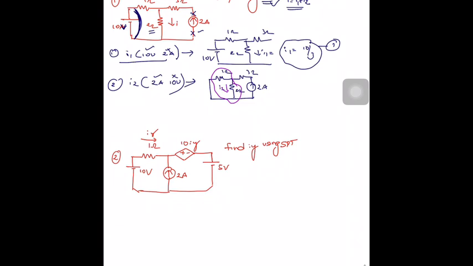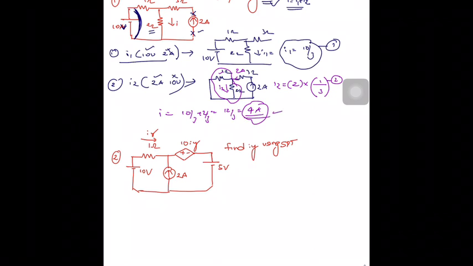If you combine these 2 resistances, then the 2 ohms will be gone and replaced by 2 by 3. So don't combine these two. Using the current division rule, the current flowing in the 2 ohms is I2, equal to total current times the opposite resistance 1 ohm over the sum of resistances, giving 2 by 3. So total current I is equal to 10 by 3 plus 2 by 3, 12 by 3, that is 4 amperes, right?